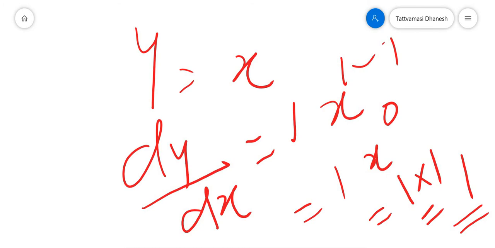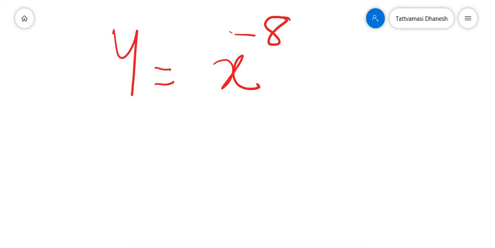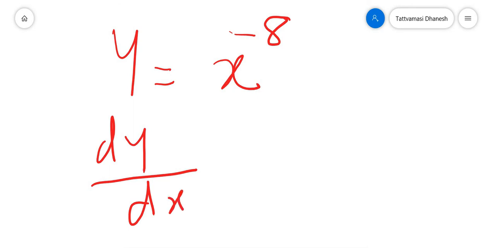So I told you the derivative of x raised to 7, x raised to 8. Now I am giving you a negative number. How will it come? Let's see that. For example, y is equal to x raised to minus 8. Then dy by dx, instead of n, here it is minus 8.